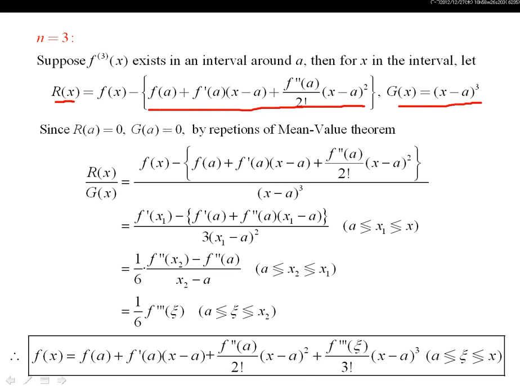So Rx over gx is this, and we apply Cauchy's mean value theorem once and twice, and apply Cauchy's mean value theorem or the normal mean value theorem again, and we get this, and then we get this, the third order Taylor series.